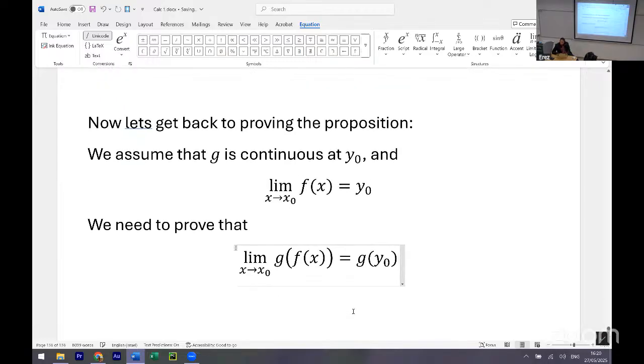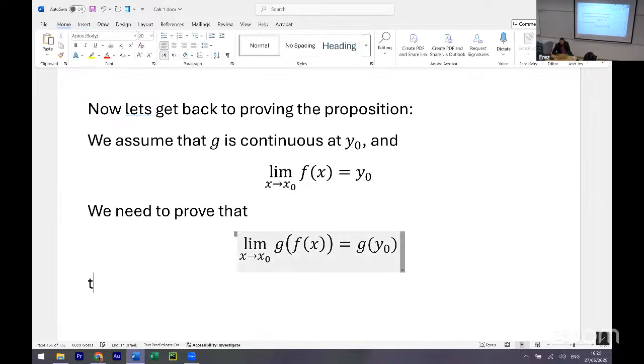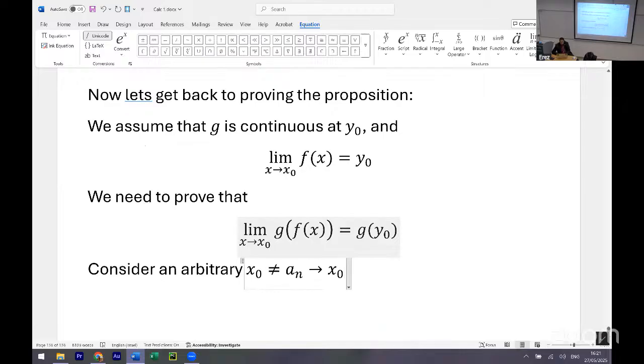So why is that true? Consider an arbitrary a_n that approaches x0 yet never reaches x0. Where should we plug it in?